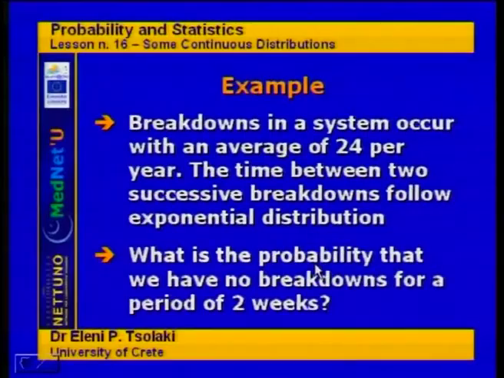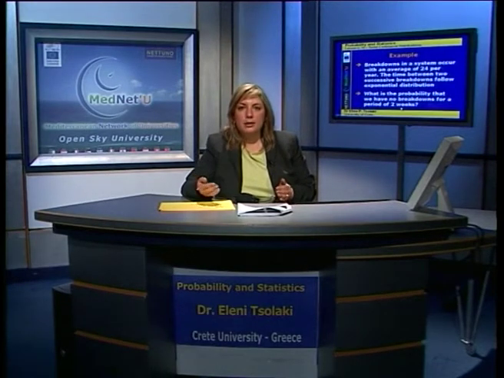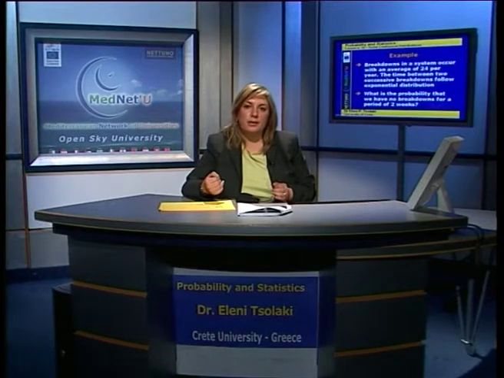So we want to calculate the probability that we have no breakdowns for a period of 2 weeks. So we are actually asking, what is the probability that our random variable x will be greater than 2 weeks?